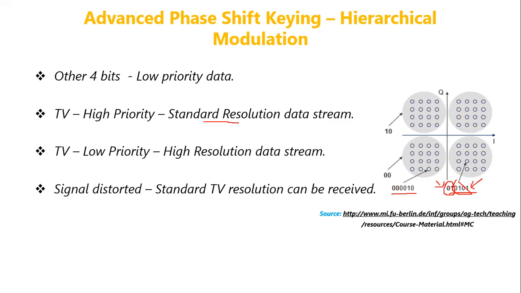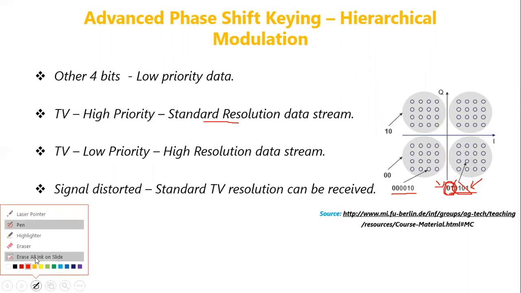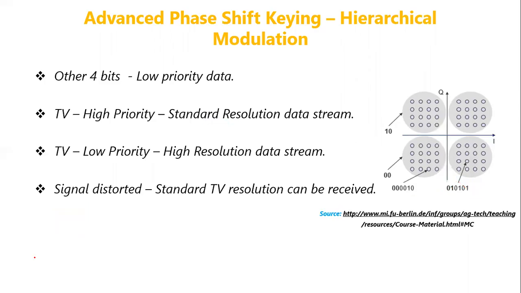In case of television, this contains the standard resolution, and this contains the high resolution. So if the signal is distorted, this part alone will at least be recovered, so that the receiver can get the information at least in the standard resolution form, if high resolution is not possible. Okay, so this is how the various digital modulation techniques work.